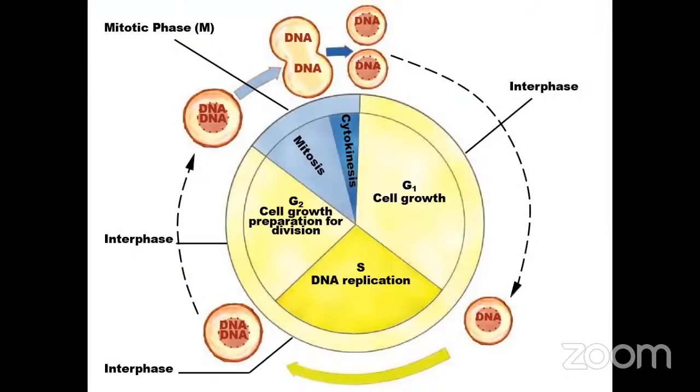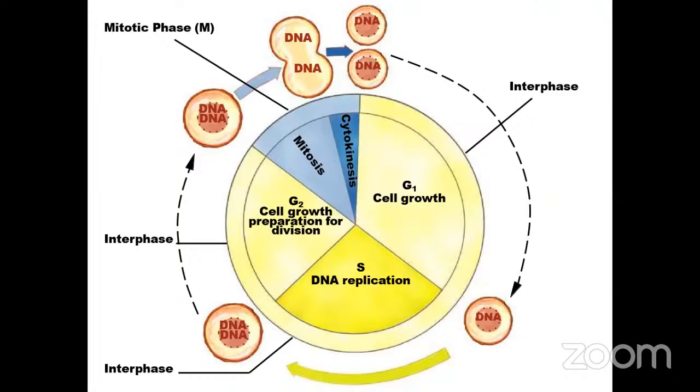So this is about the cell cycle. You all know the stages of the cell cycle: G1, S, G2 and M phase. G1, S and G2 together are called interphase. G1 is a growth phase where the cell is preparing for the replication of DNA.